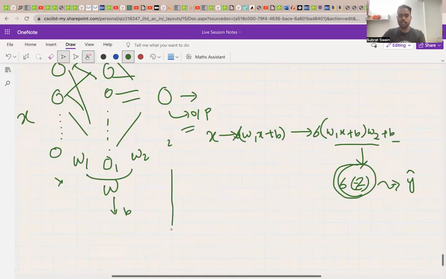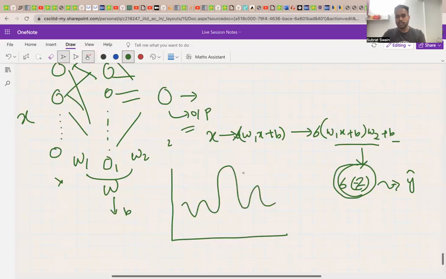For non-linear, it will be something random, anything like this. If your initial W is here, you need to go till here. It may be a local minimum, but if you are here, you can always reach till here, because here is the global minimum and here is the local minimum.